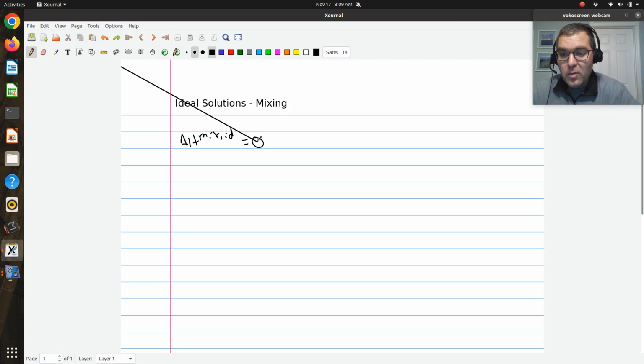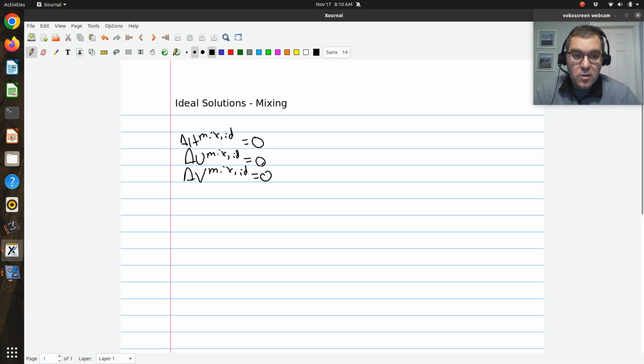Likewise, delta U of mixing of an ideal solution is also going to be 0, just like that of an ideal gas, and delta V of mixing of my ideal solution is also going to be equal to 0.